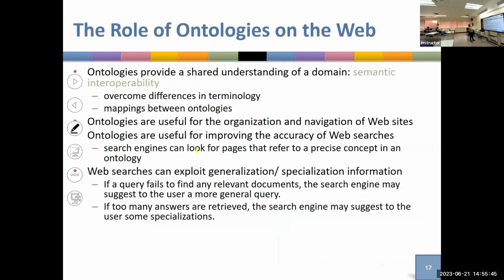Then we can use ontologies to allow more shared understanding of the domain, and overcome differences in terminology. Then we can define precise terminology, no ambiguity. We can even define mappings to say that this term and this term have the same meaning, or that this term is more generalized or specialized through subclass, superclass.